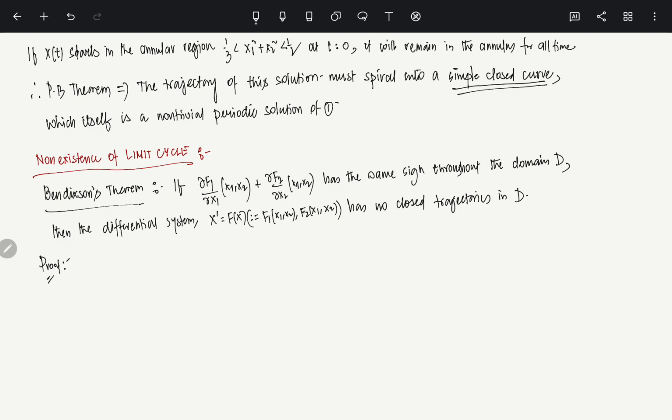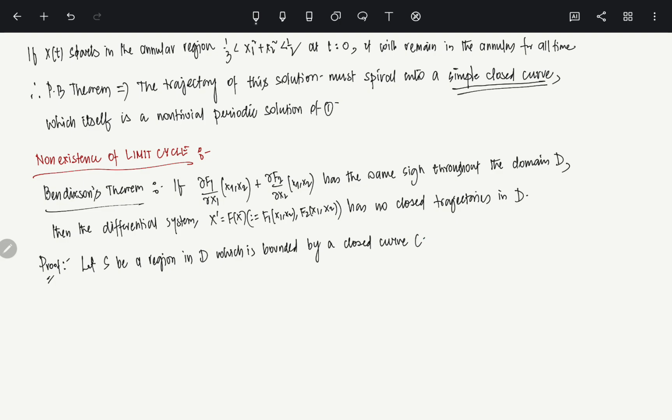Let's say that there is some region S in D which is bounded by a closed curve C. See here, it is saying it doesn't have any closed trajectory.